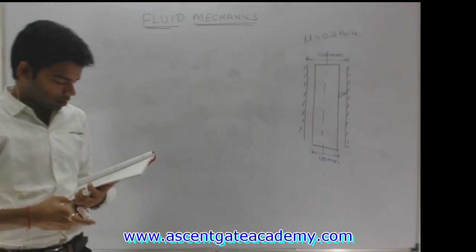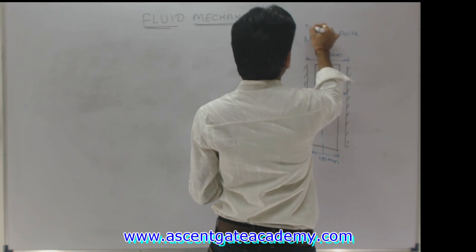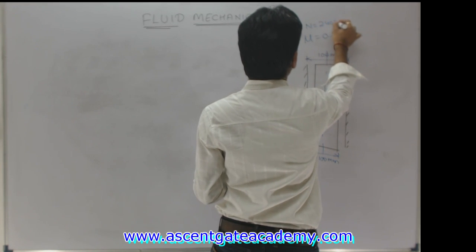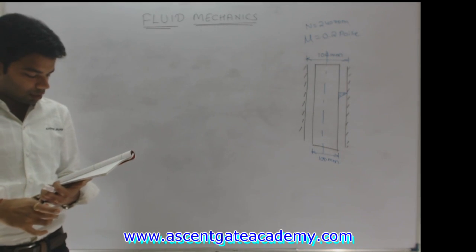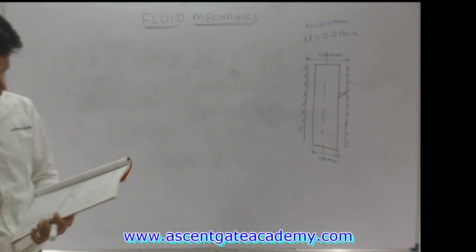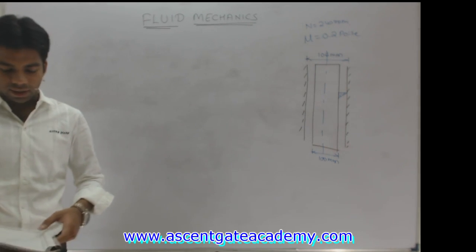Linear variation in velocity. The speed of the shaft is given as n equal to 240 rpm. Now we have to calculate first the shear stress on the shaft in Pascal.